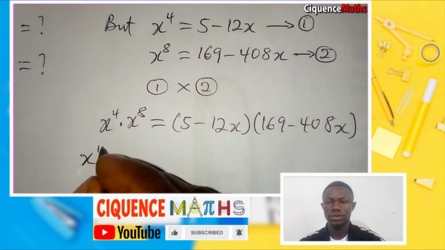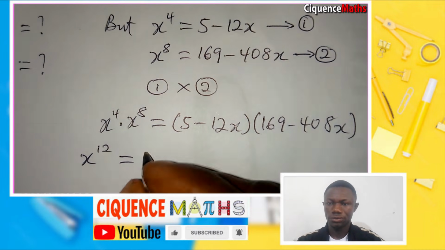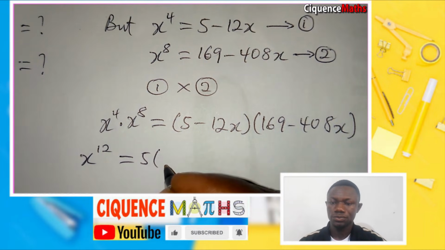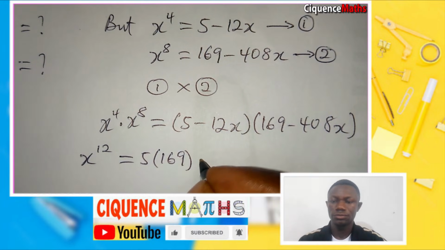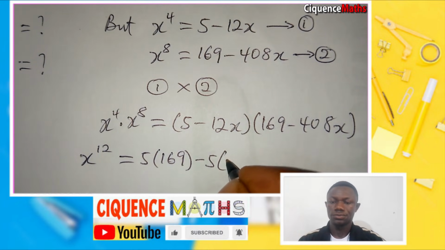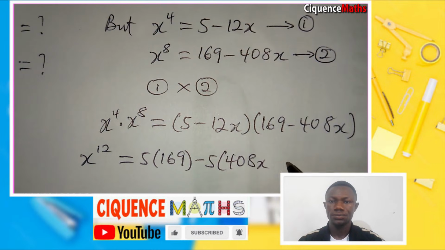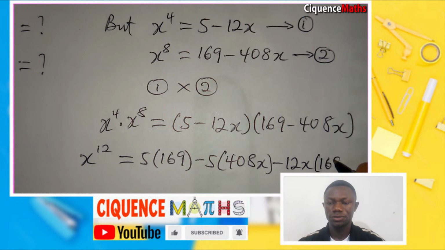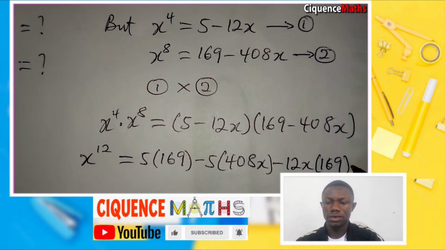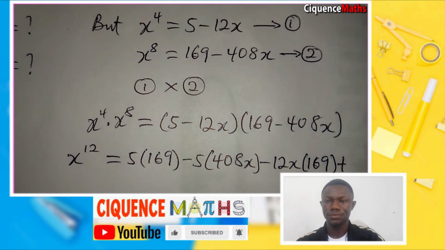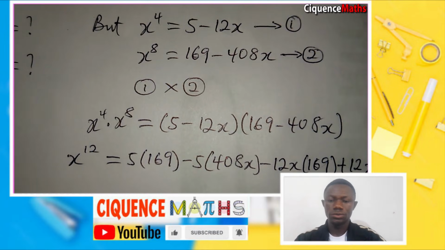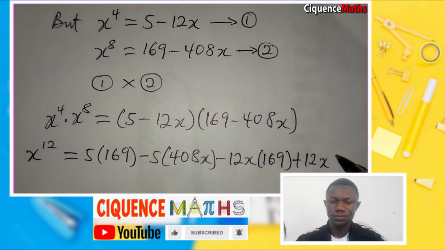So we have x exponent 12 equal to 5 times 169, minus 5 times 408x, minus 12 times 169, then plus 12 times 408, that is 12x times 408x.